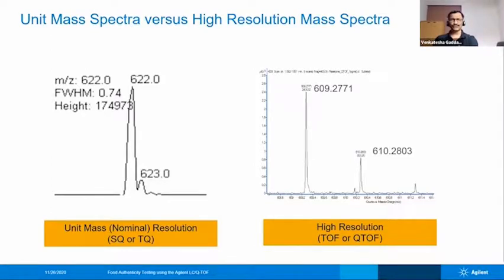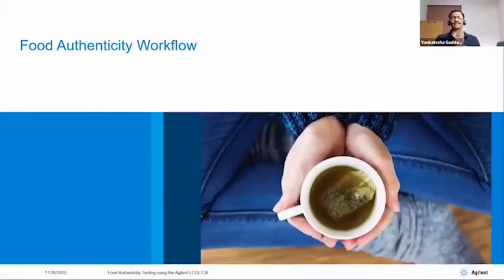But in high resolution, you see a huge separation between your molecular mass as well as isotopic mass. That is the beauty of the TOF, the Q-TOF instrument or high resolution mass spec, which can be used for further development. Okay, let's look at the food authenticity workflow.